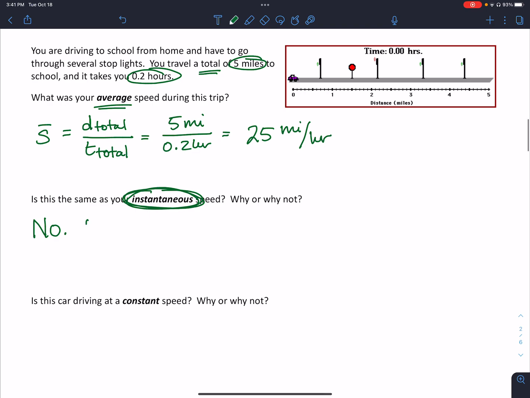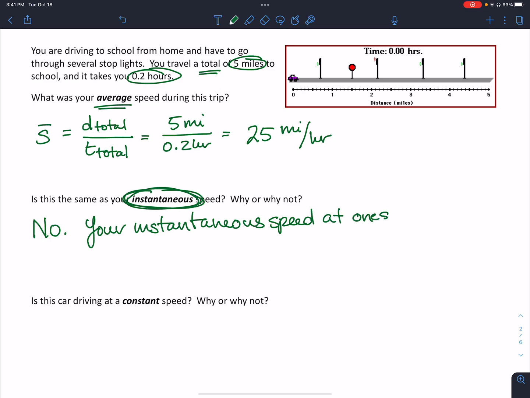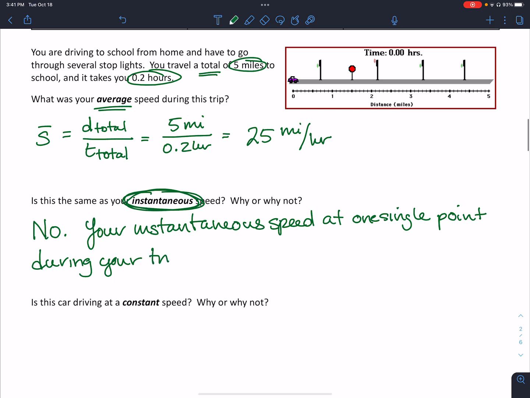So our instantaneous speed is just at one particular time point. Now, that's not to say that it couldn't be 25 miles per hour at some point during our trip, but it doesn't have to be.